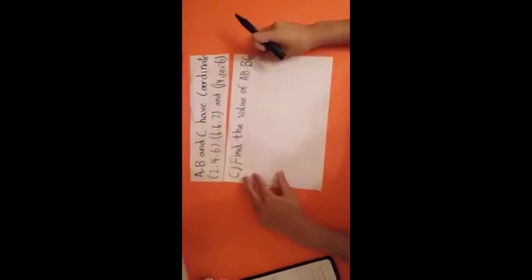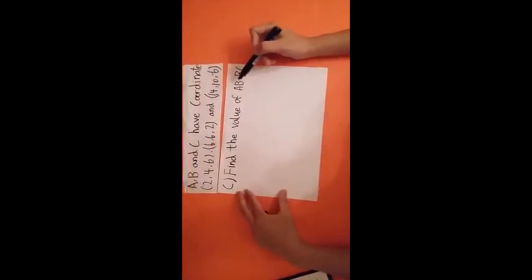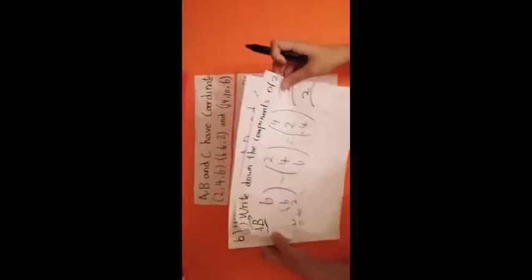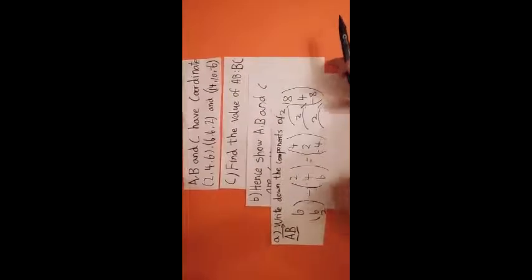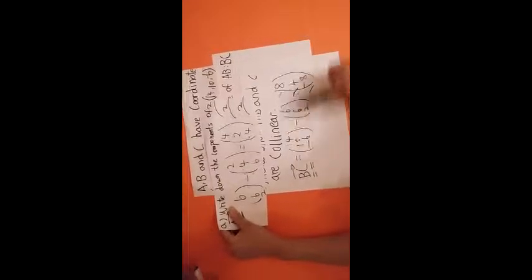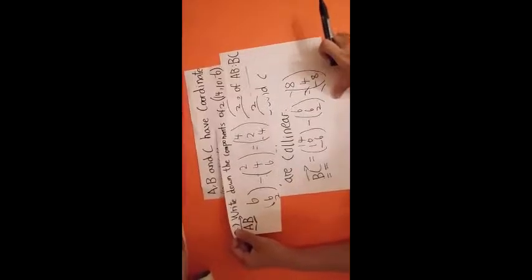And then the third question here is to find the value of the ratio of AB to BC. From the previous question, we found that the common multiple is 2 for each term, so we can tell that BC is twice as much as AB.